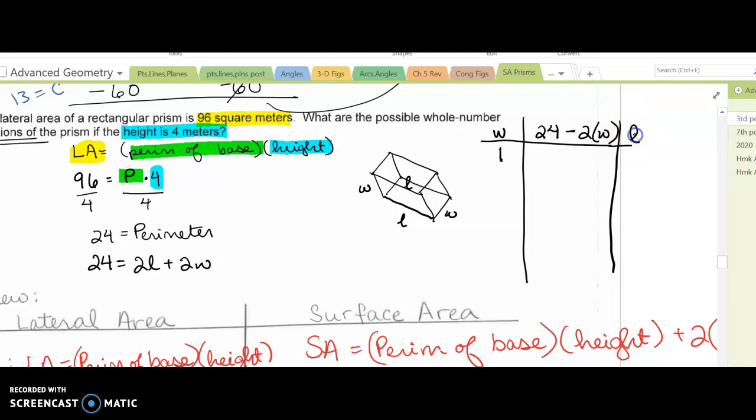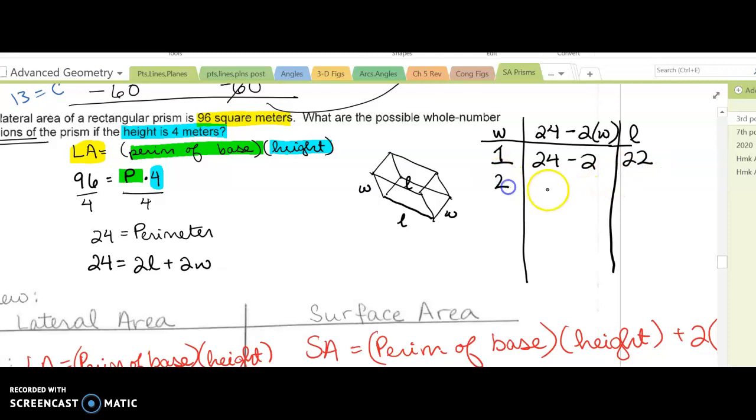Do you buy that? So what I'm doing here is coming up with a table of values of what L and W could possibly be, because you can't technically solve this algebraically if you have 2 variables. So here we would have 24 minus 2, so this one would be 22.